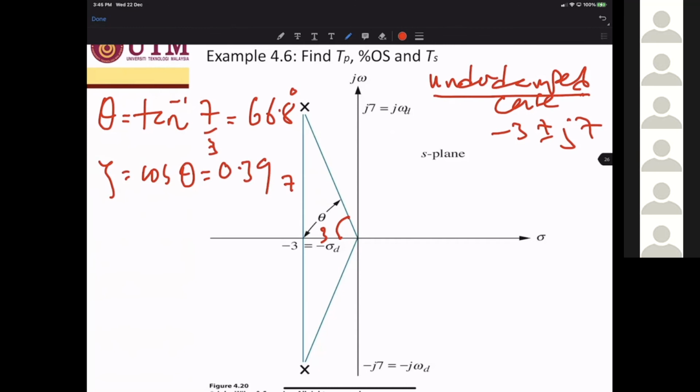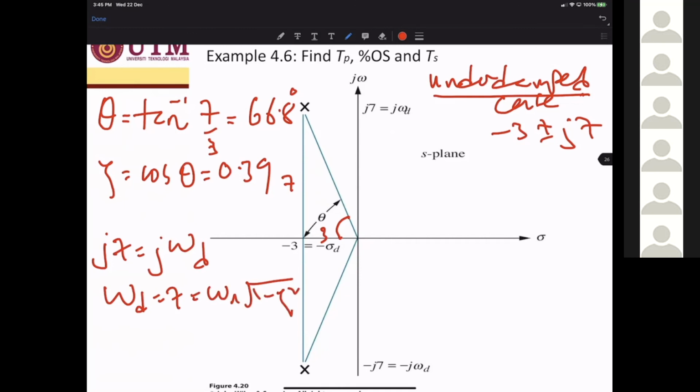So what is the value of omega n? Omega n is the square... 7 divided by square root of 1 minus 0.397 squared.